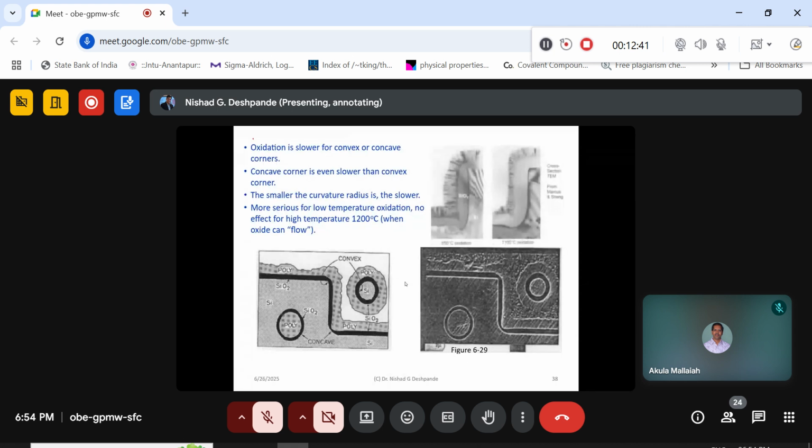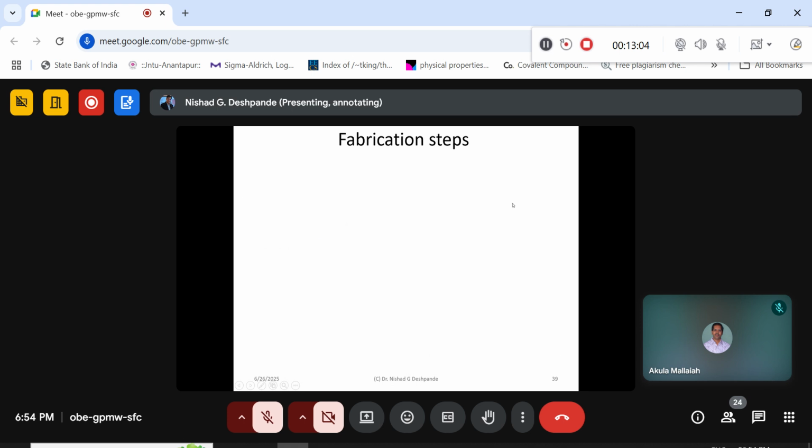We also discussed how the surfaces, if there are convex or concave edges at the corners, can be controlled through the oxidation processes, and we saw TEM images, which help us understand which oxidation process is beneficial for us.